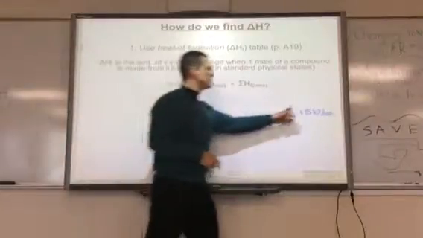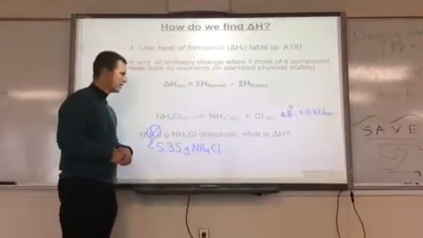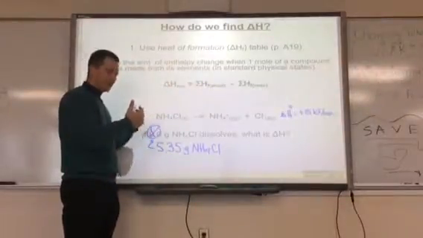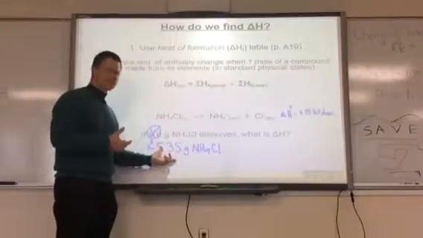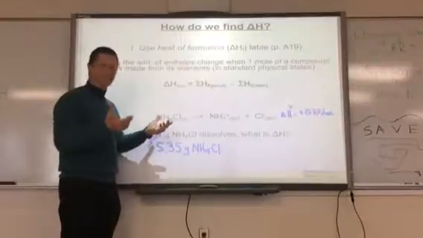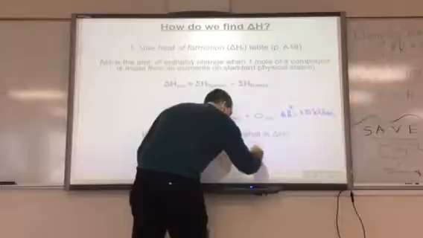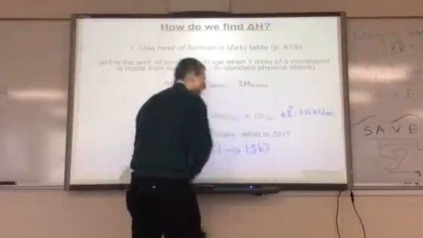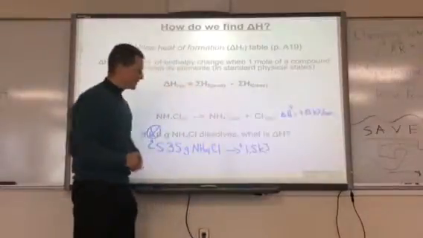So if the standard delta H for that process is 15 kilojoules per mole, if we cut that amount to 1/10 of a mole, how much energy should this take as it dissolves? It should be 1.5. Right. So that should cause it to be 1.5 kilojoules positive as a tenth of a mole dissolves.